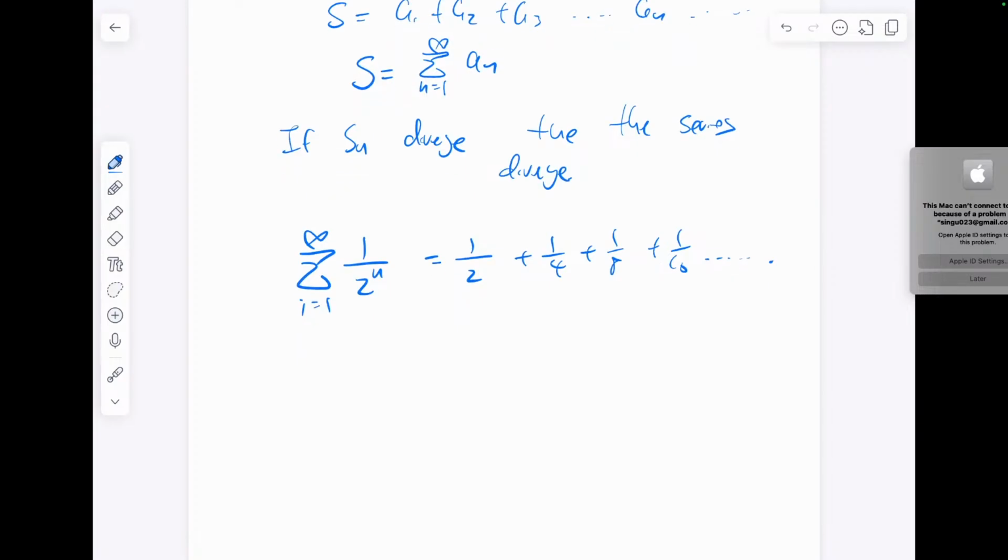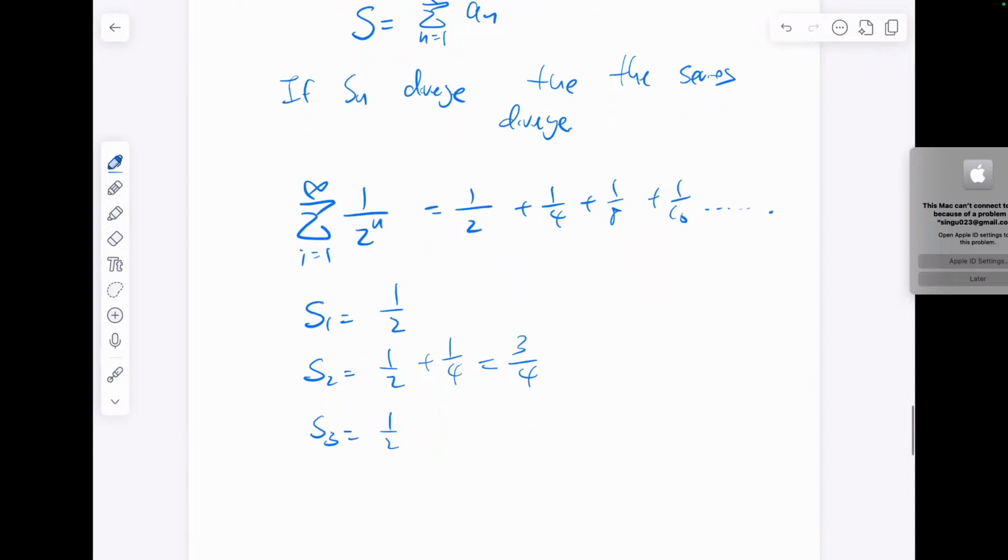Right? So if the first term is 1/2, the partial sum of 1/2 plus 1/4 is equal to what? 3/4. S_3 is 1/2 plus 1/4 plus 1/8, which is equal to what? 7/8.